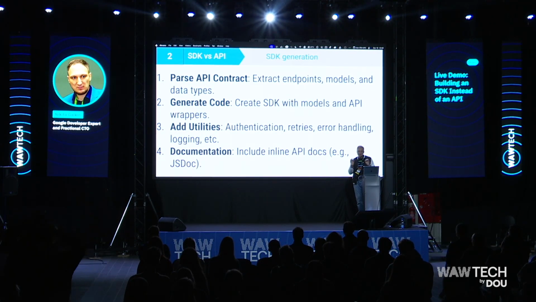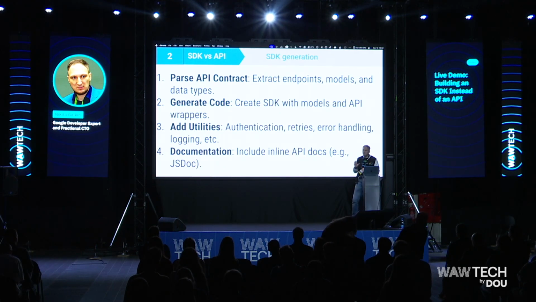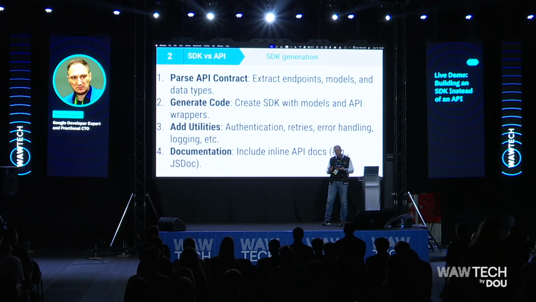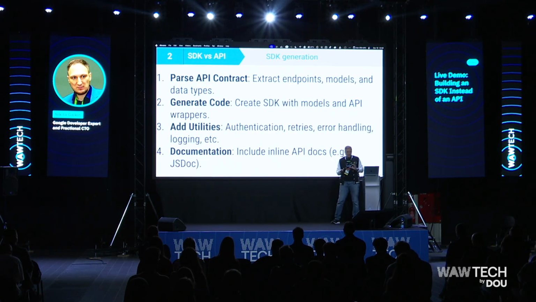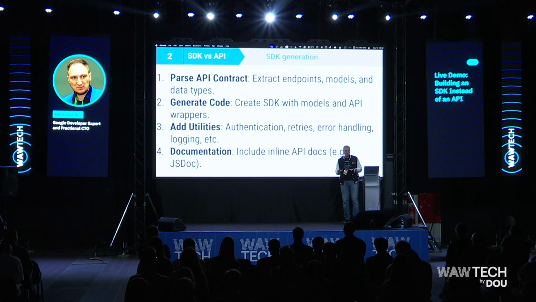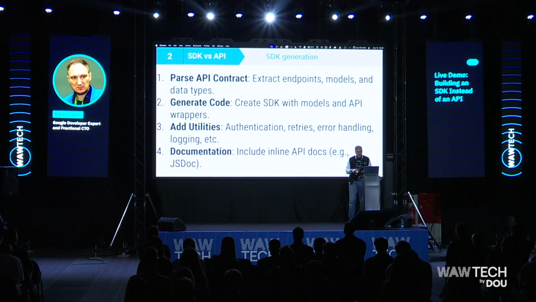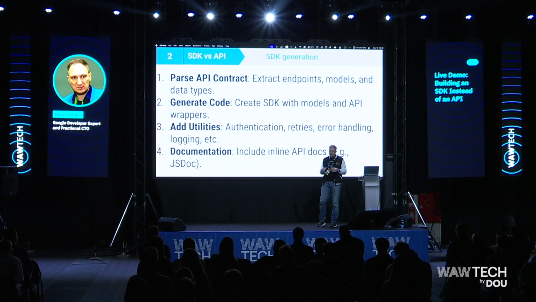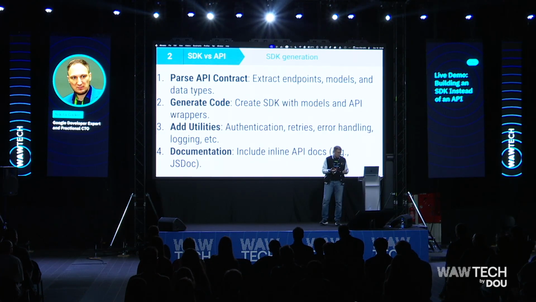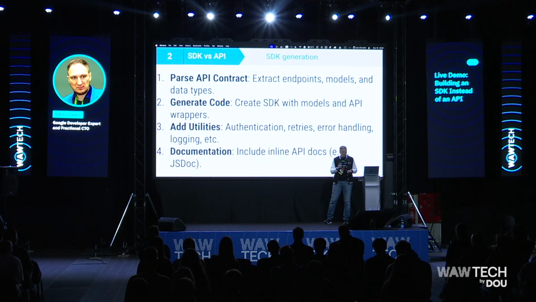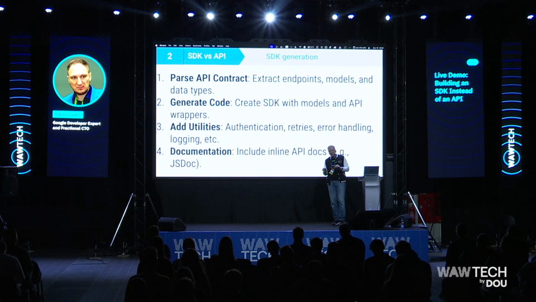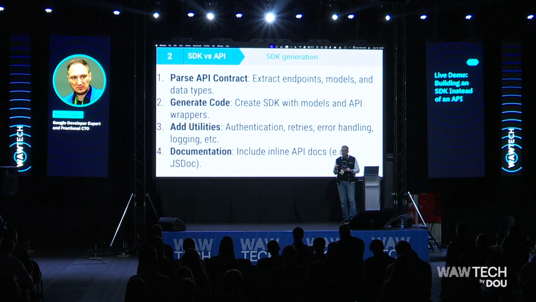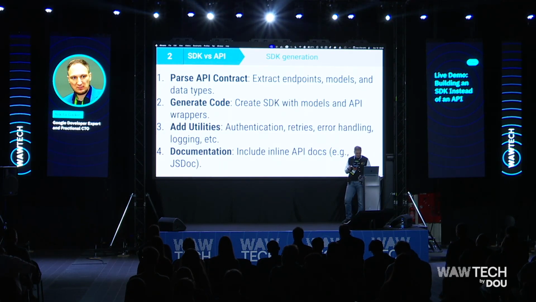During this demonstration, I will show only one, Orval. During the Q&A session, if you want, I can demonstrate some other very good tools. And the last thing you do in creating an SDK is add some utilities: authentication, retries, error handling are the things you add as the secret sauce specifically for your team's needs.